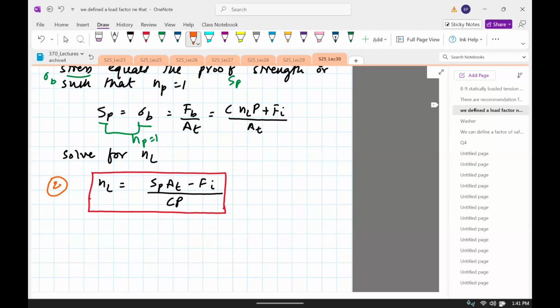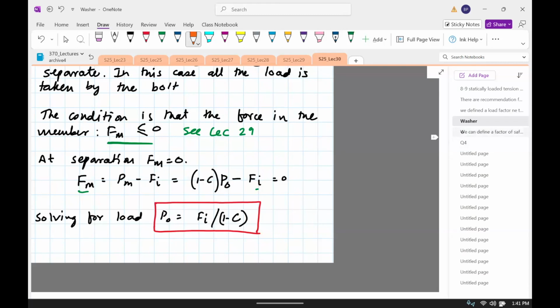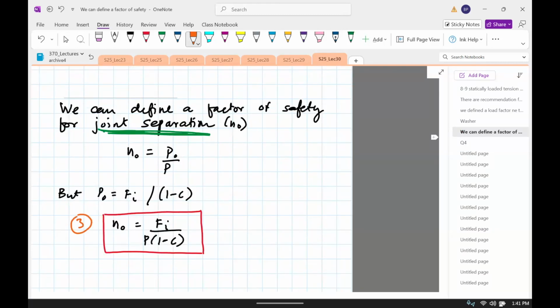As I said, it's basically something which tells you at what P you will get failure. And then this third one is separation. The members separate. This is the top member, the bottom member, and then the washer. So there is separation.